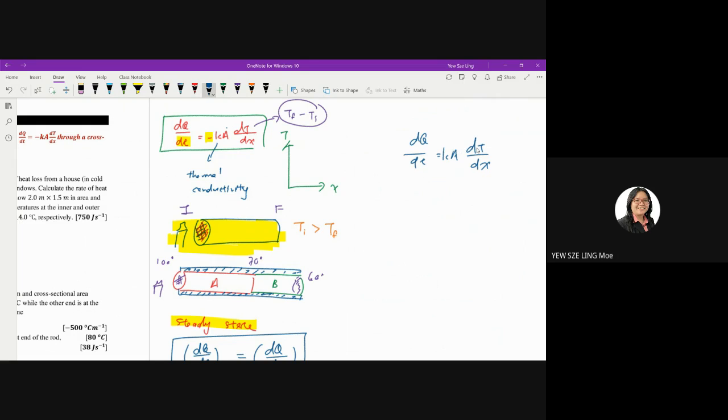Why? Because they are assuming your dT is the larger T minus the smaller T. So that is according to the reference book. I don't want you to use this equation. I want you to stick to the original equation with a negative sign, because that is the right equation.